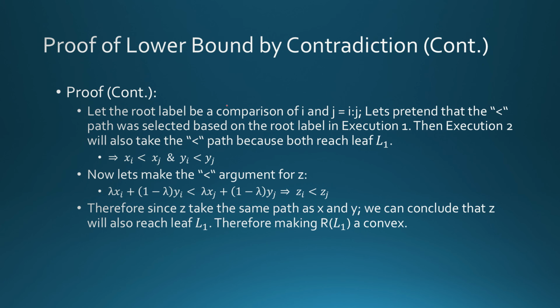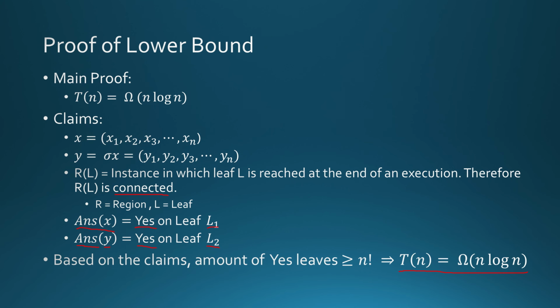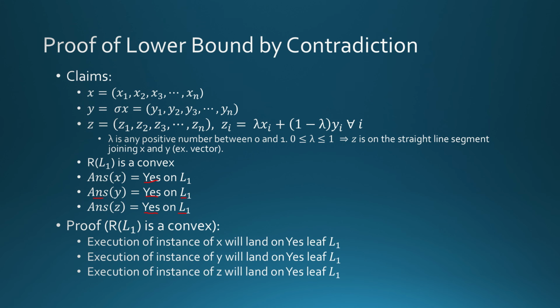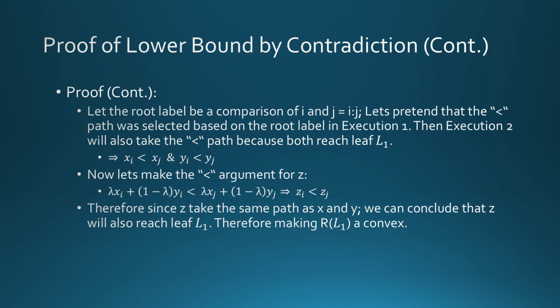Now we're going to let the root label be a comparison of i and j. You remember in the beginning we talked about the decision tree. This is considered the root label. Then we're going to pretend that the less than path was selected based on the root label in execution 1, and execution 2 will also take the less than path because both reach leaf L1.